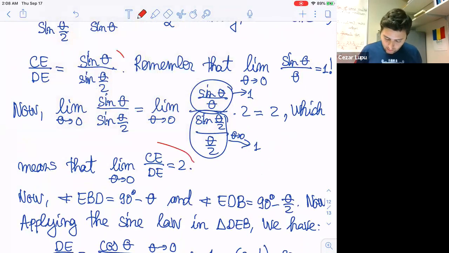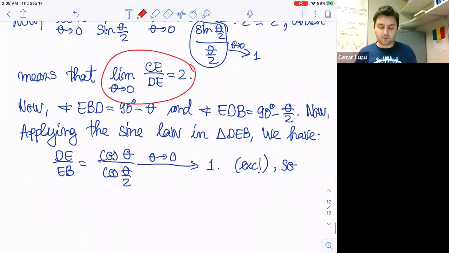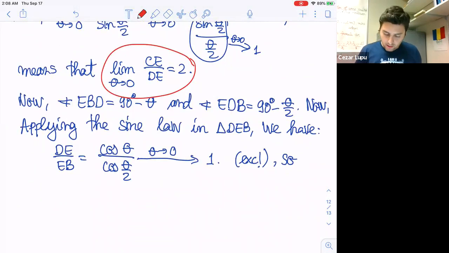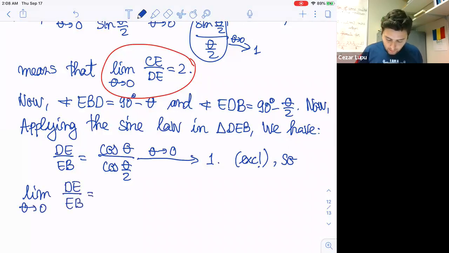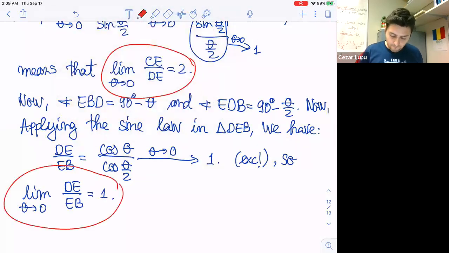The limit as theta goes to 0 of this ratio is 2. Now we have that the limit as theta goes to 0 of DE over EB is 1. Let's keep this information also. So we have these two so far.